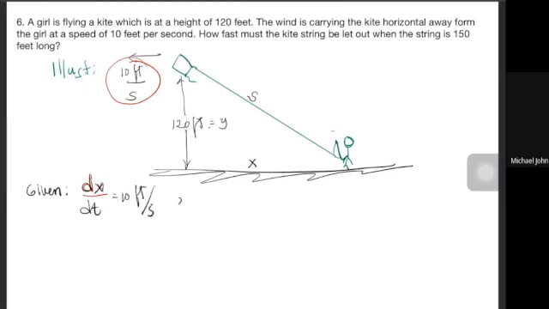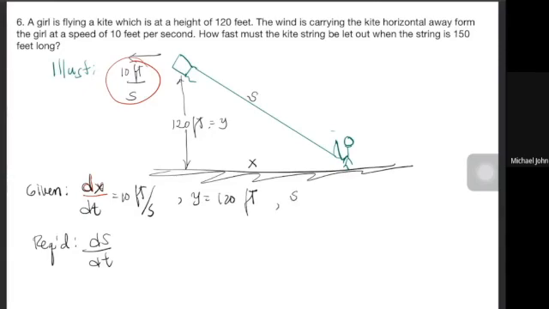And you're also given y equals 120 feet. And ds/dt is how fast the child releases the string when the string is 150.